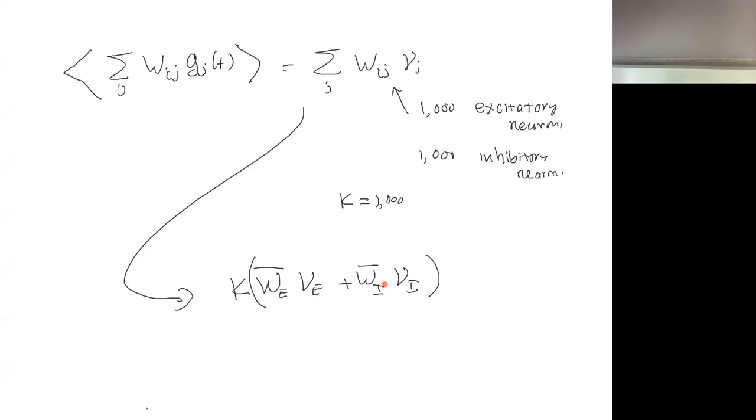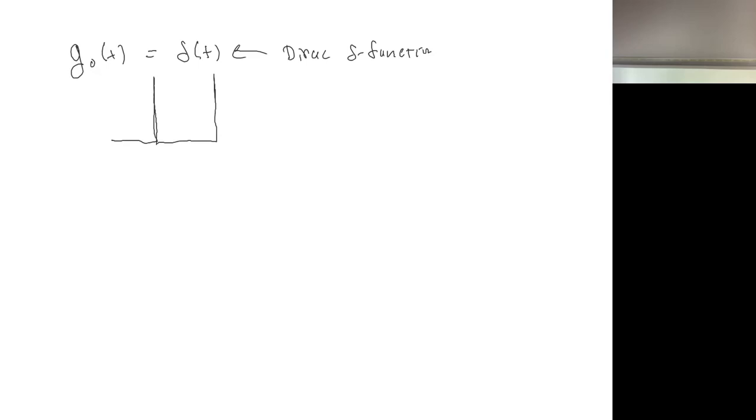And for that, we're going to make kind of an extreme approximation, which is we're going to set G_j(t) equals delta of t. That's a Dirac delta function. So basically what we say is whenever a neuron spikes, it's really big and narrow.